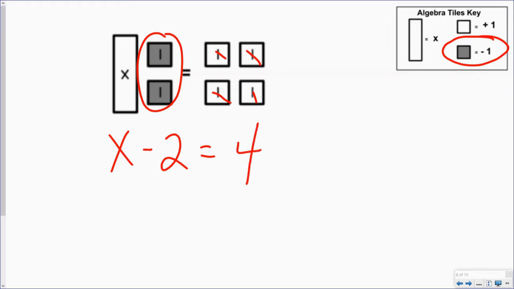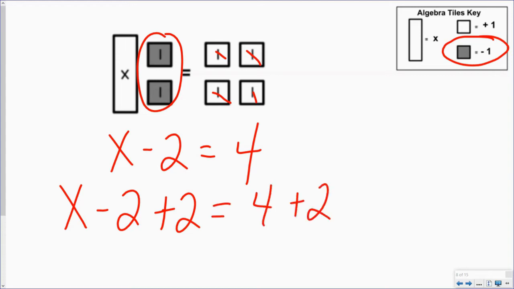So in this equation, I have x minus 2 equals 4. I'm going to do the same thing as I did before. So x minus 2, but this time I'm going to add 2, because that's the inverse of subtraction, equals 4 plus 2. So x equals 4 plus 2, which is 6.